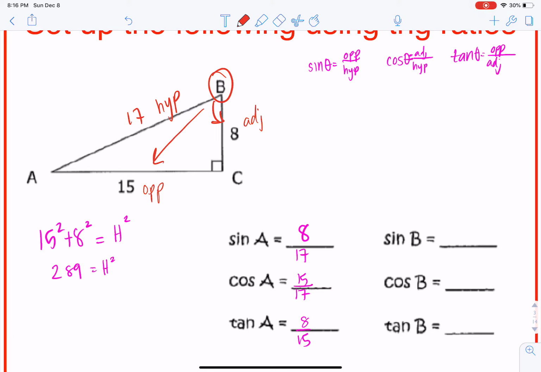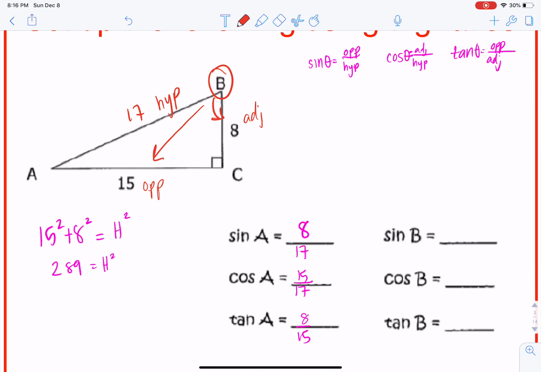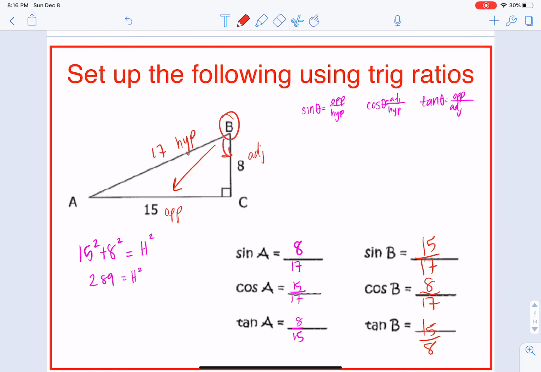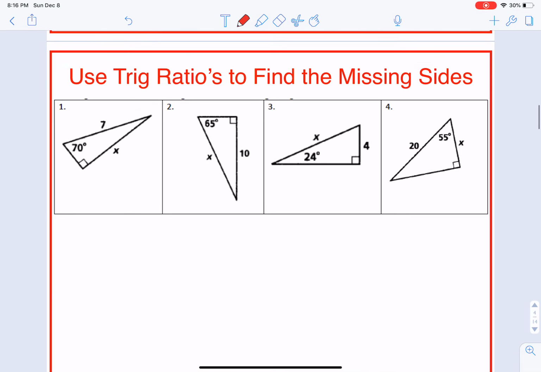So sine of B is 15 over 17. Cosine of angle B is 8 over 17, and tangent of angle B will end up giving me 15 over 8, so the opposite over the adjacent. So that's just using and setting up some of these trig ratios that we previously talked about.